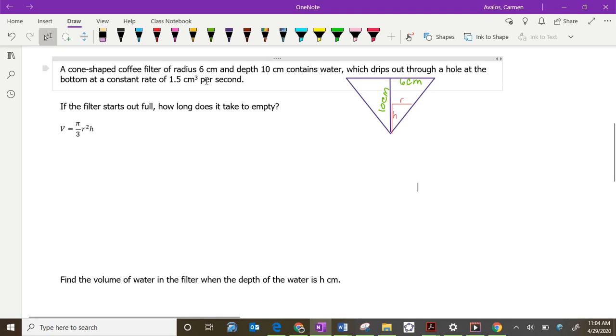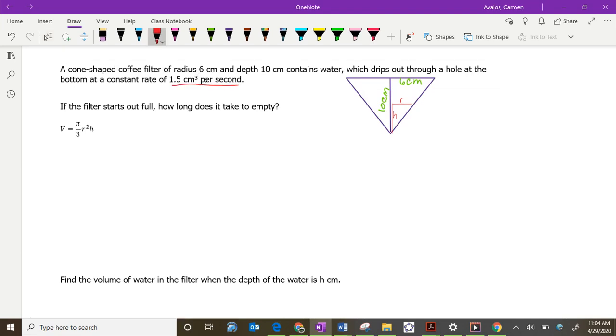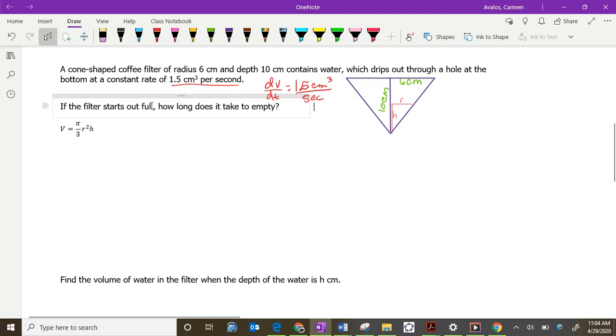So this tells us some information. It's cubed and it's a rate, so that's telling us dV/dt is 1.5 centimeters cubed per second. If the filter starts out full, how long does it take to empty?